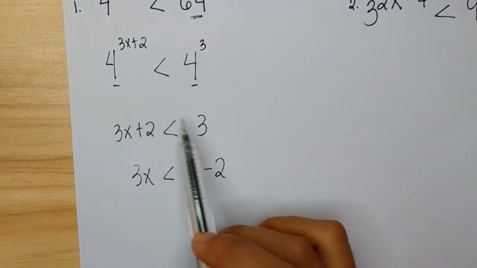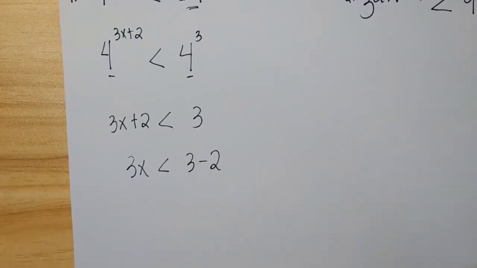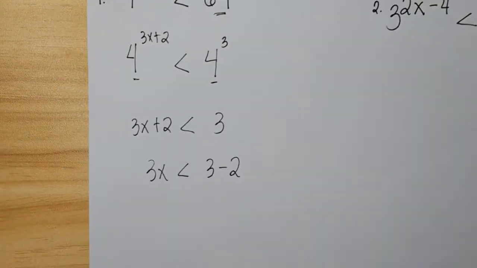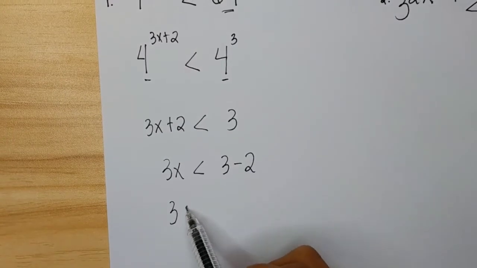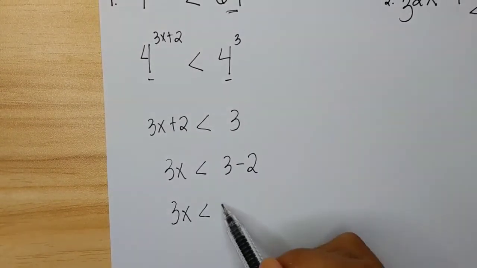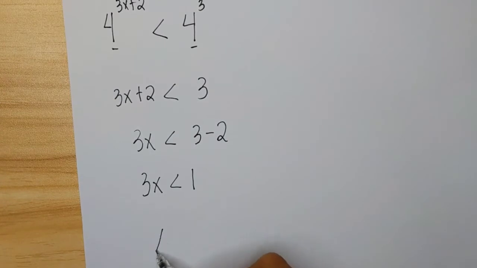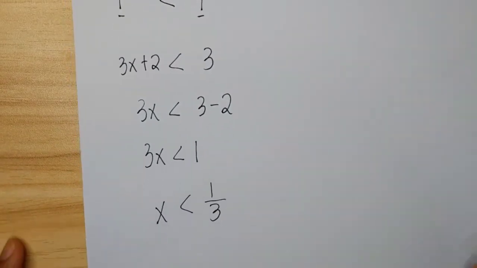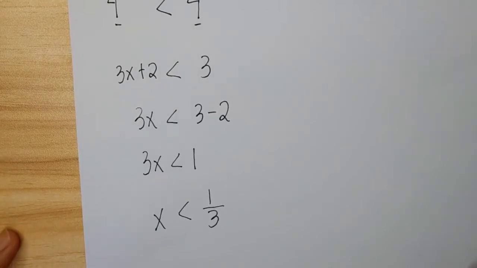Okay? Then, we have here 3x is less than 3 minus 2. So, transpose natin yung 2. So, from positive naging negative siya. Okay, then we will have 3x that is less than 3 minus 2 that is equal to 1. So, we have here x is less than 1/3. Okay. Take note, less than 1/3 siya.